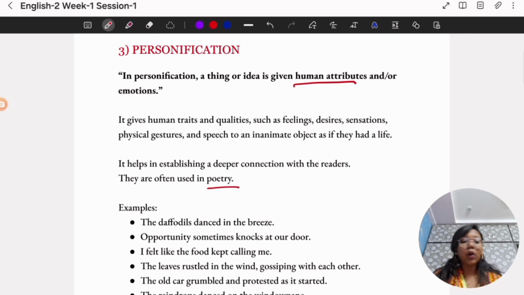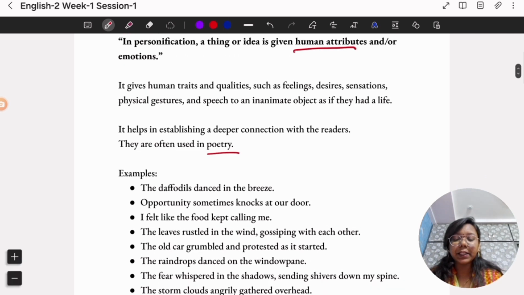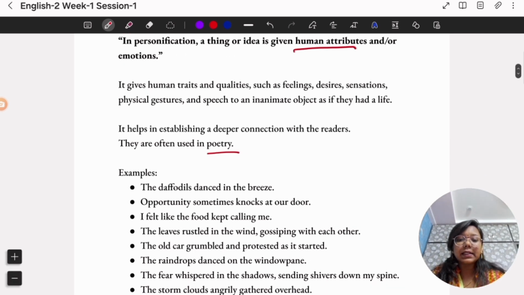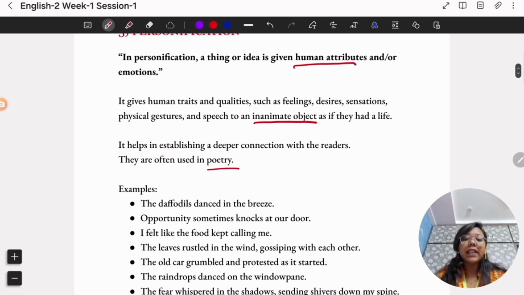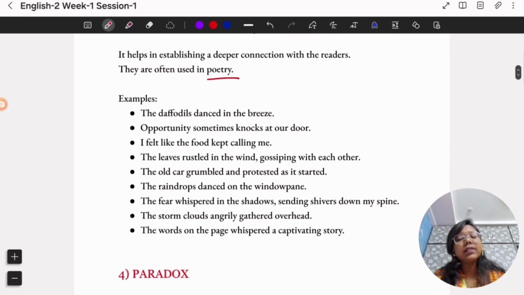We cannot say non-living things, because if you see the example here, the daffodils danced in the breeze. Daffodils are flowers. Flowers are not non-living things, so I have mentioned here inanimate objects. So inanimate objects are given human qualities, and these are used to establish a deeper connection with readers.